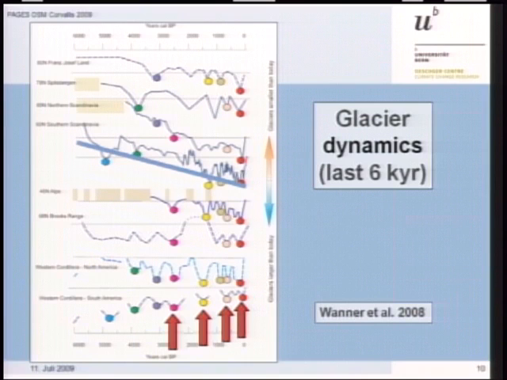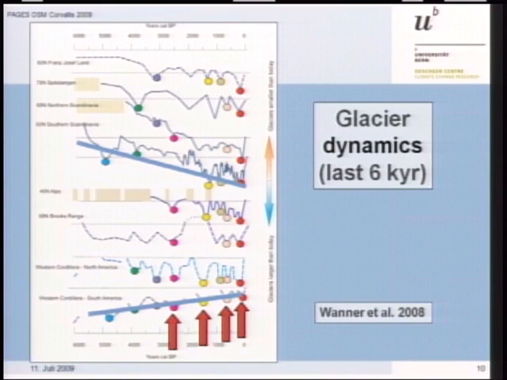And then if we are looking to the southern hemisphere, there is only one example here from the Western Cordillera in South America. It's rather showing a decreasing stage of the advancing glaciers, but this has to be questioned because we don't have a lot of data.